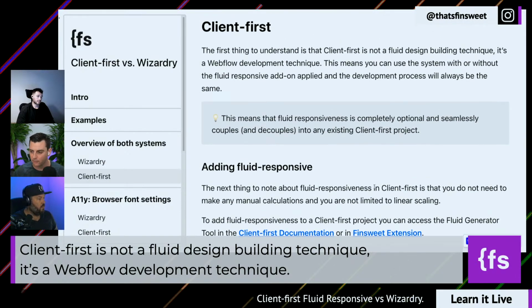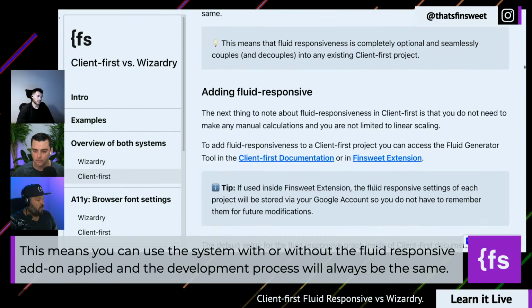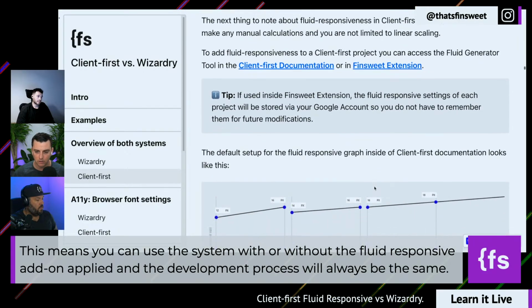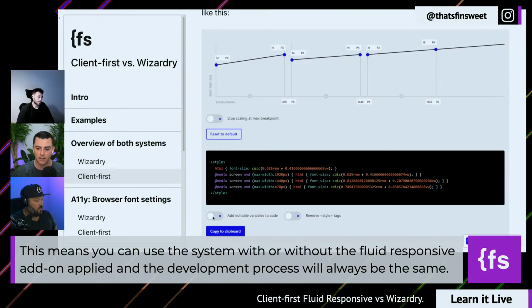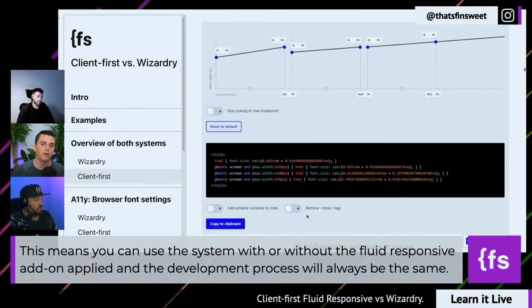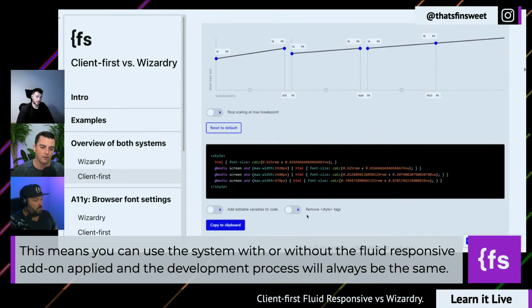And if we scroll down a little bit, we can use our fluid responsive tool, the fluid generator, to go and generate CSS, not JavaScript, that will then go and make our REM-based site scale. And REMs by default are accessible. By default, it is a referenced value, and that reference can be the browser font size settings.